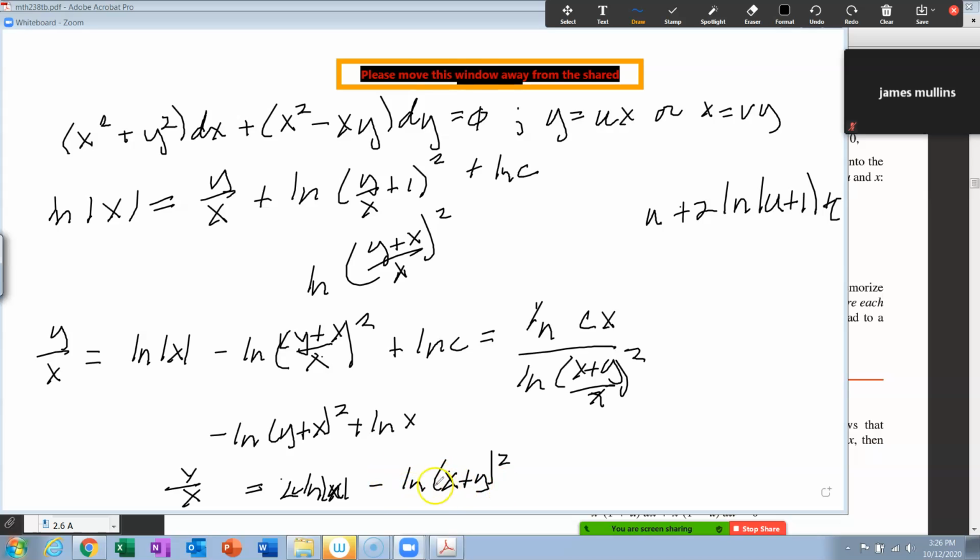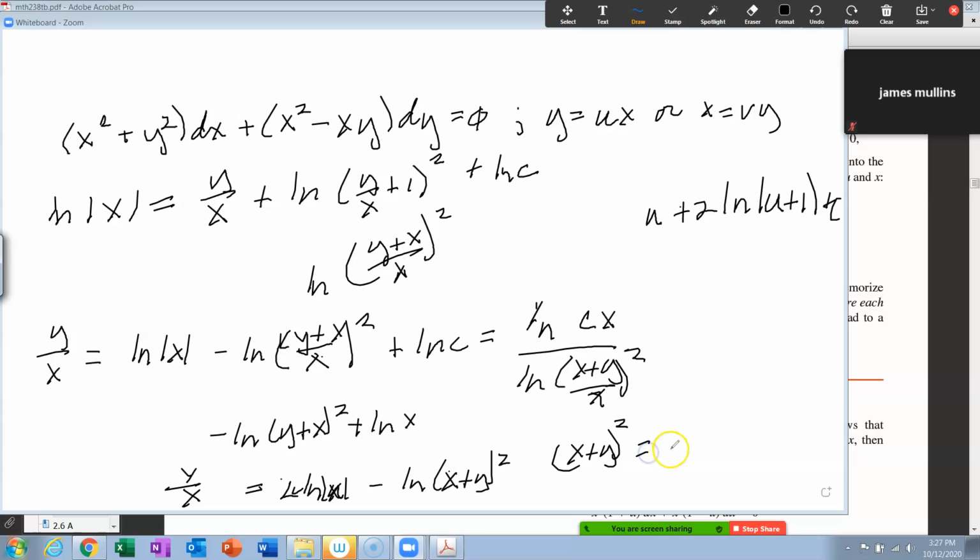When you combine the logs together, I took them apart too soon perhaps, you exponentiate both sides. What you wind up with is x plus y squared is equal to cx, that's the c from here, x from there, e to y over x.